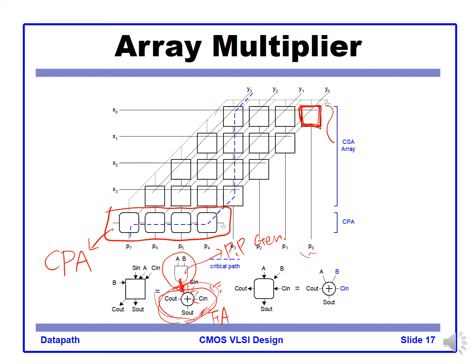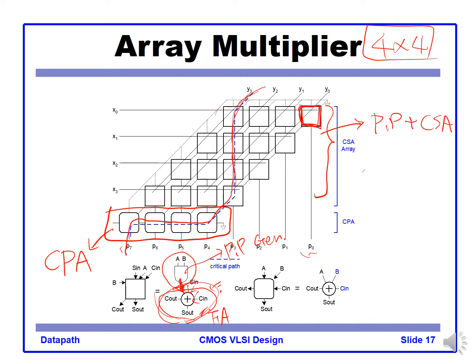This structure uses partial product generation and CSA, carry save adder structures. This is the example of a 4x4 bit multiplication. The maximum propagation delay happens along this dotted blue line. Input comes in, goes through this logic, and finally goes through the carry propagation. This is the longest critical path that determines the speed of the multiplier in this array structure.